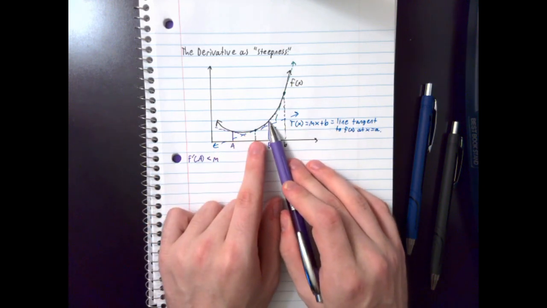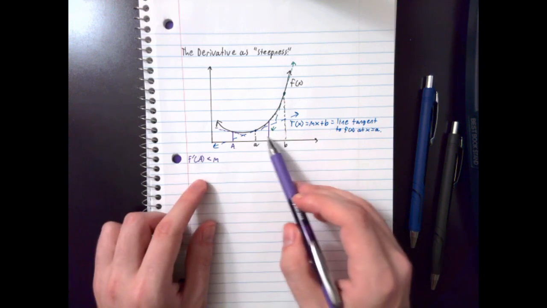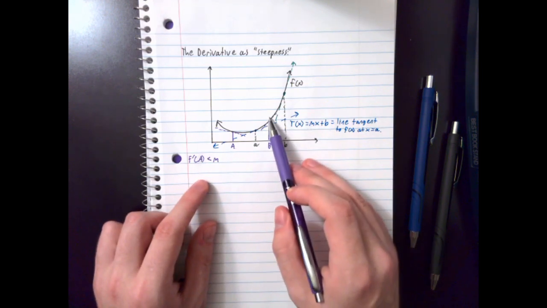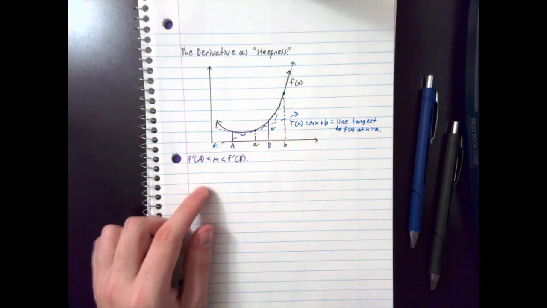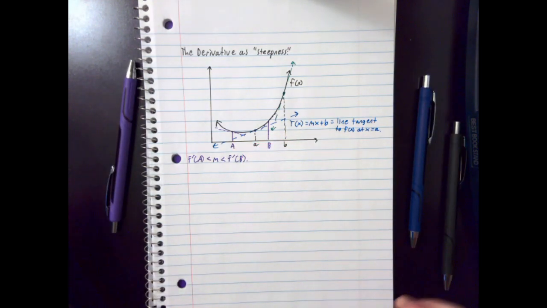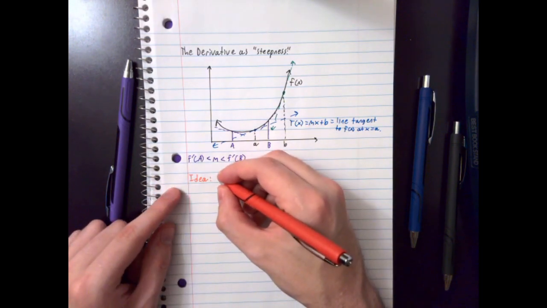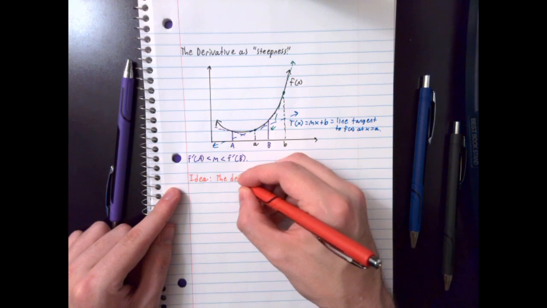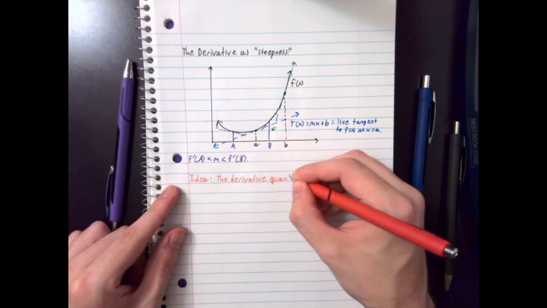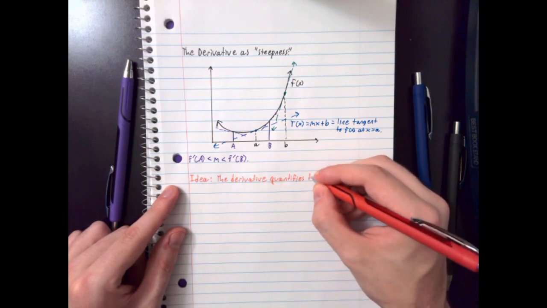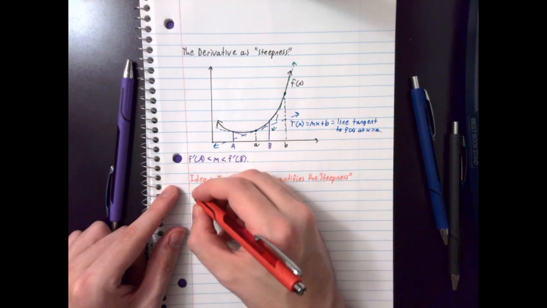And then at this point right here, the graph is steeper than at A, and so the slope of the tangent line at A is going to be smaller than the derivative at B. So m is less than f prime of B. The idea here is that the derivative quantifies the steepness of a graph.